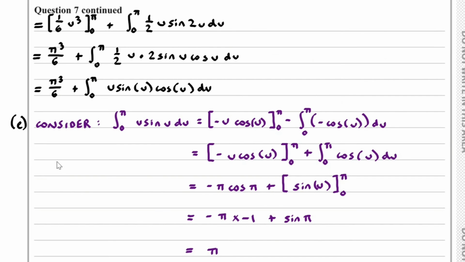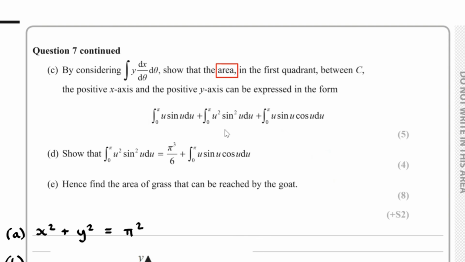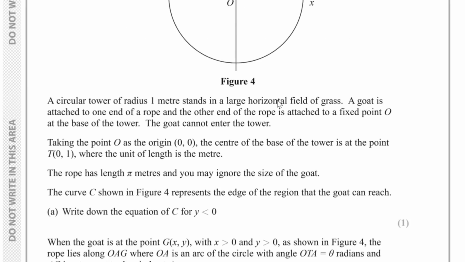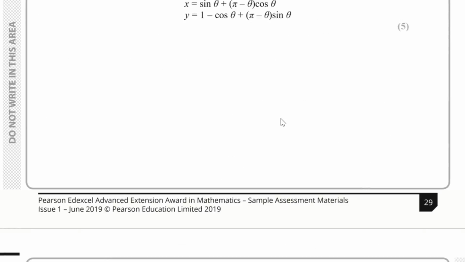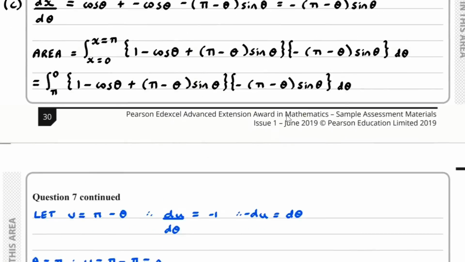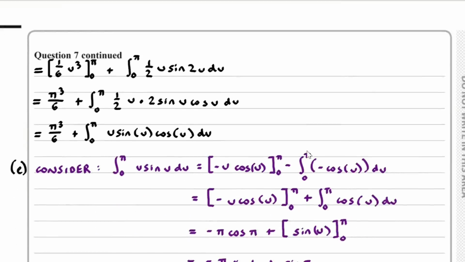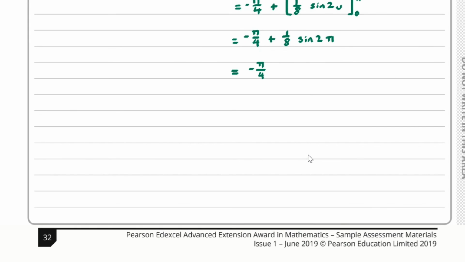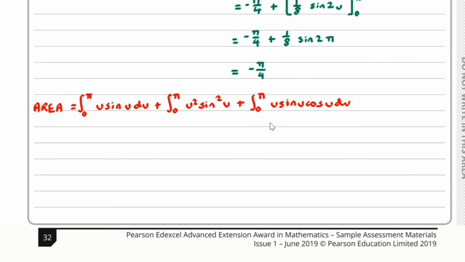So how does this help us? Well, we still need to find the area which is shown in red over here. So how could we work out that area? Well, that area which was shaded is given by the integral which we wanted to show, which was over here. That's the result we wanted to show.